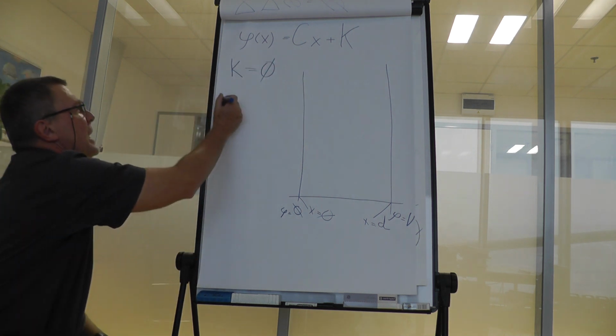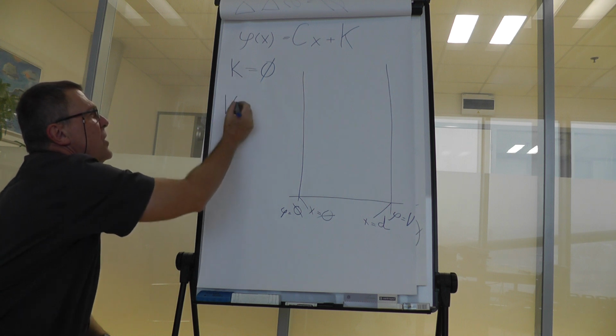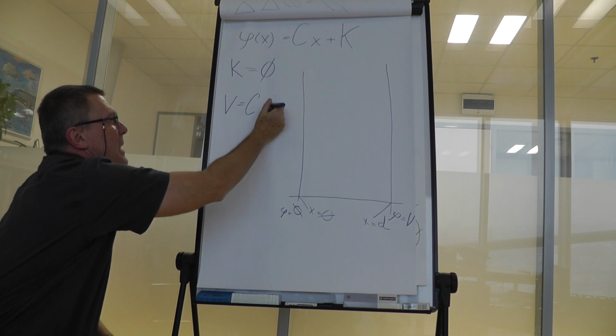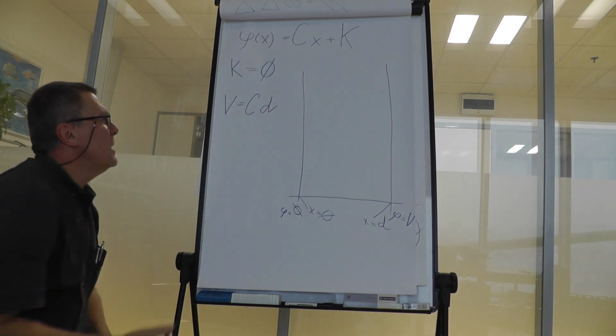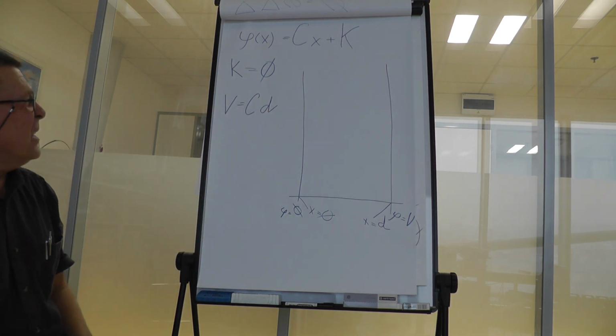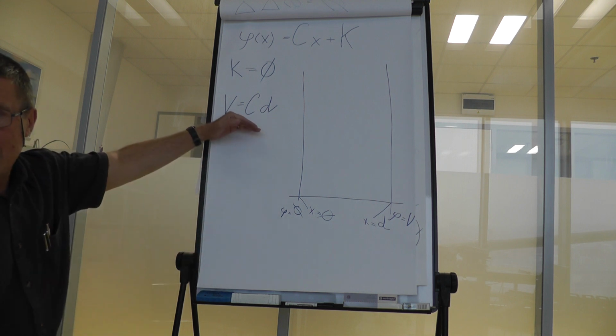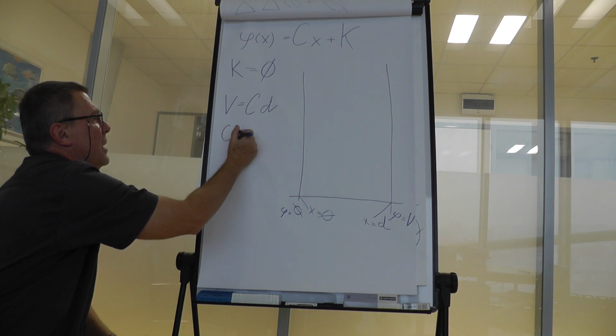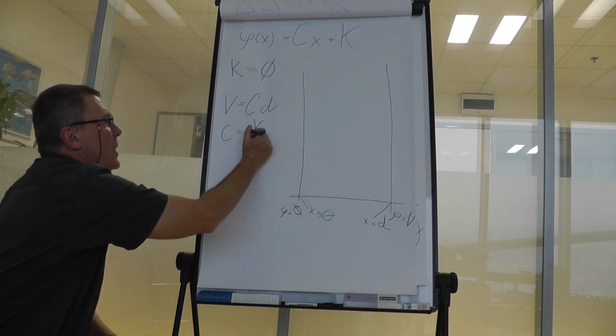So we have v, the voltage, is equivalent to constant c multiplied by the distance d, and from this equation we easily find that c is equivalent to v over d.